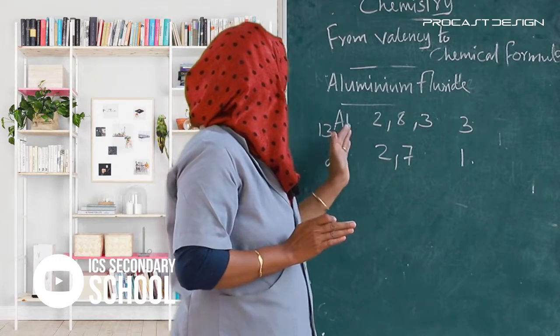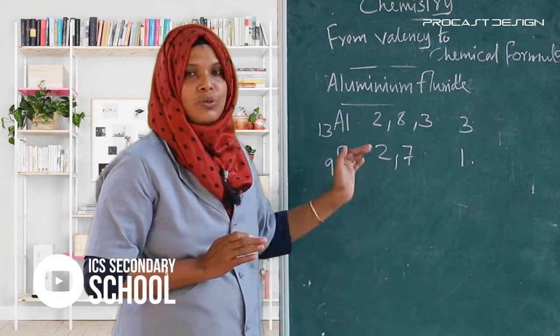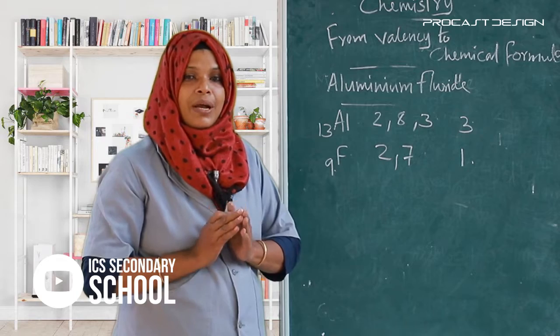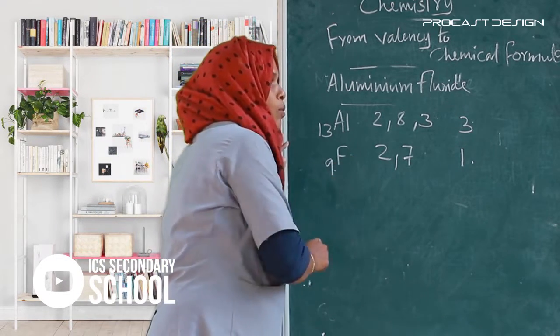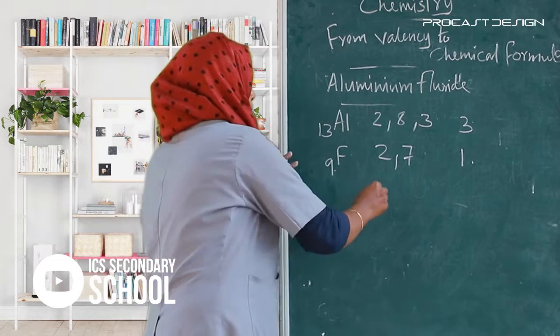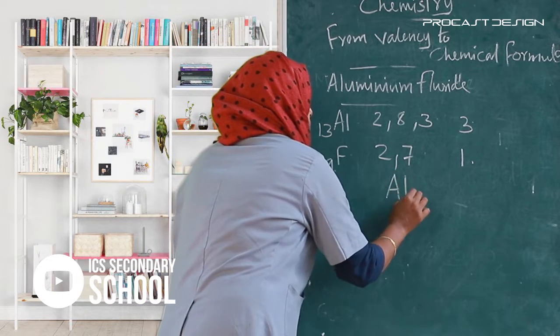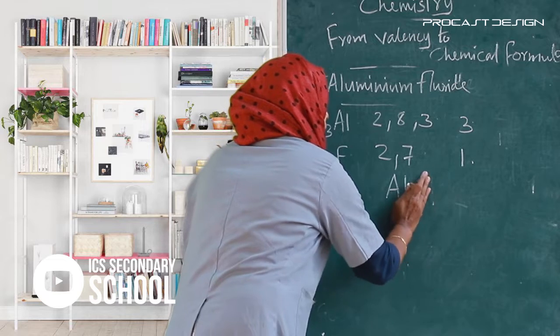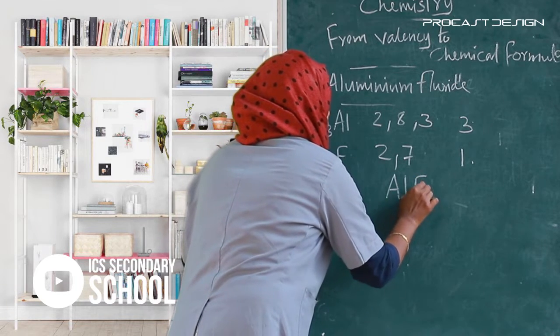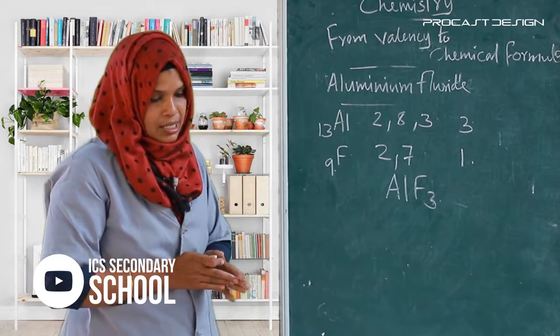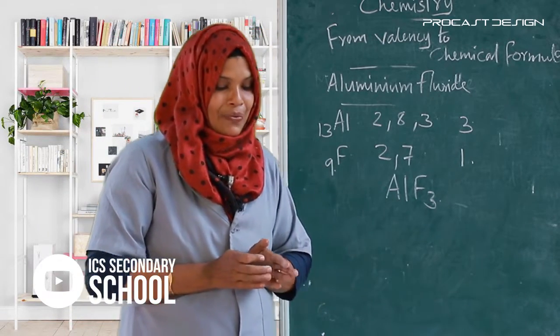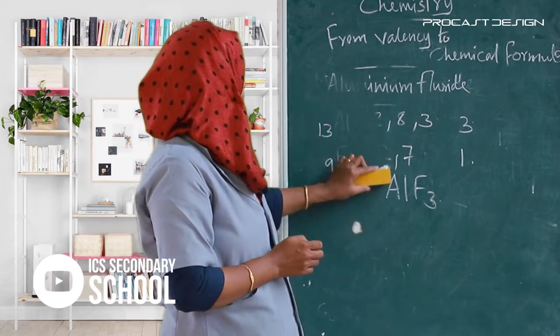So 3 fluorine atoms are required to accept the electrons from aluminum. So the chemical formula of this compound is AlF3.